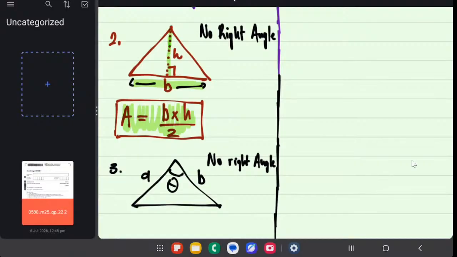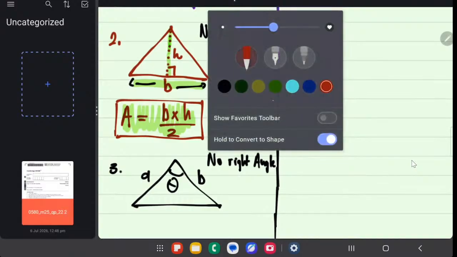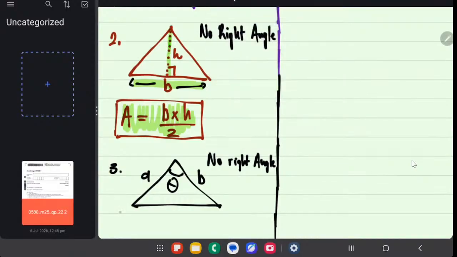This third one, Mr. Alex, is when you don't get a base and a height. You now say area is equal to this side here, you multiply by this side, which is B, then you multiply by sine of this one.